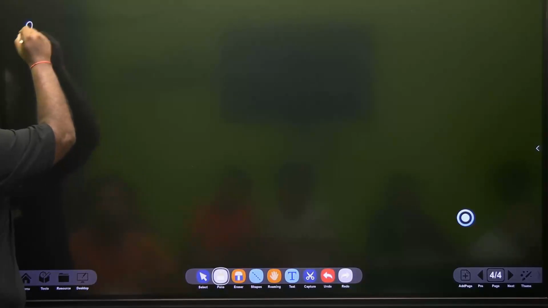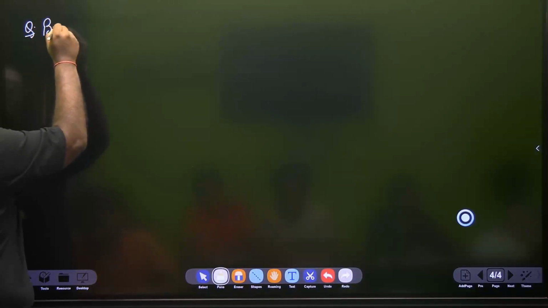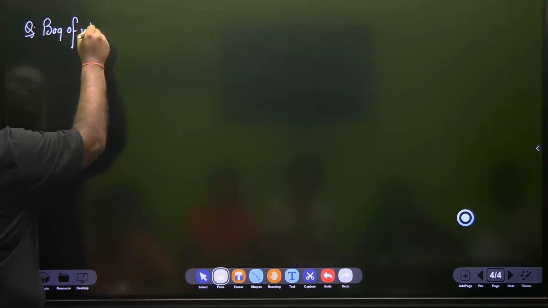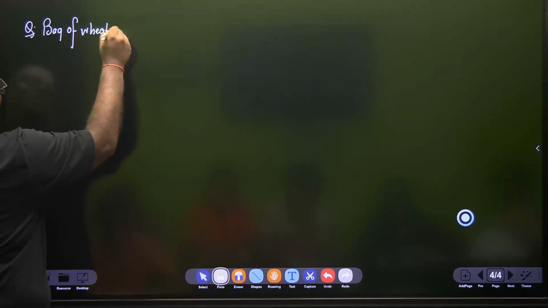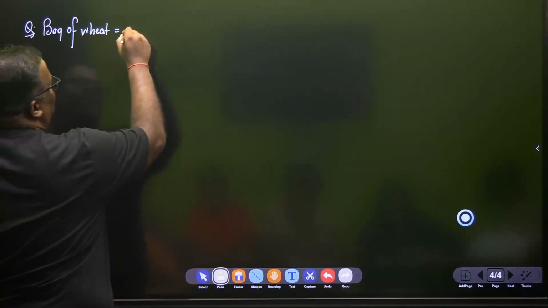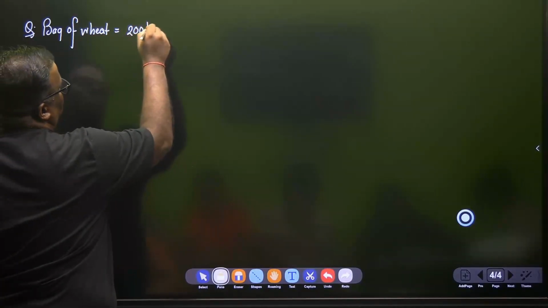So we have a bag of wheat. A question is, we have a bag of wheat. Once this potential energy portion is over, there are so many questions. There will also be theory questions which you will never be answering, and then you don't know how to write. And this bag of wheat is weighing 200 kg, is the mass of the bag.